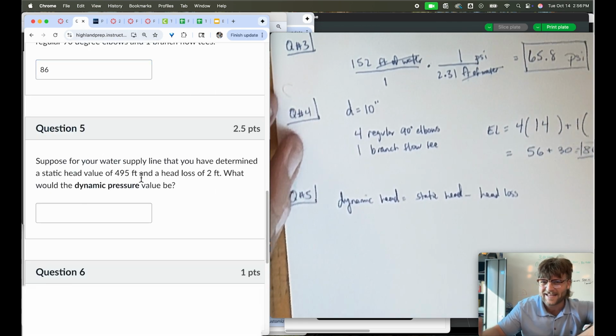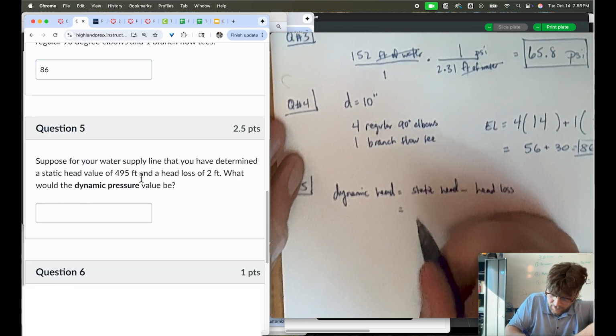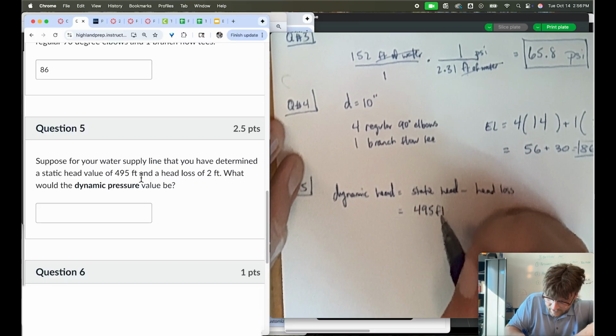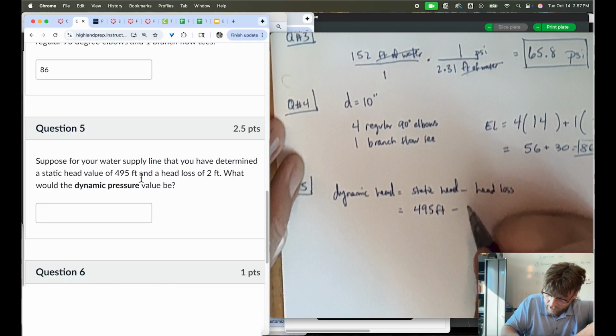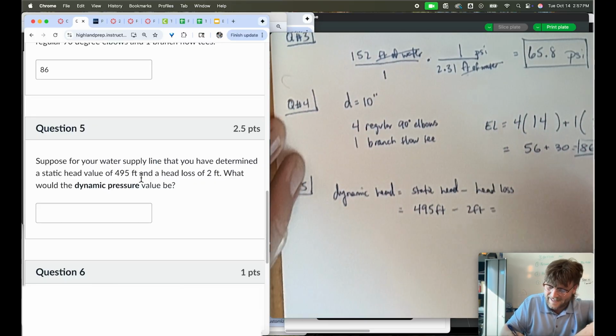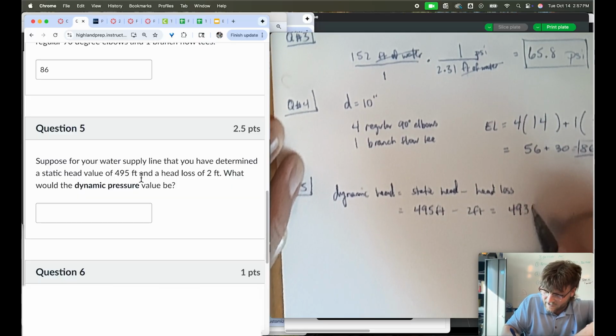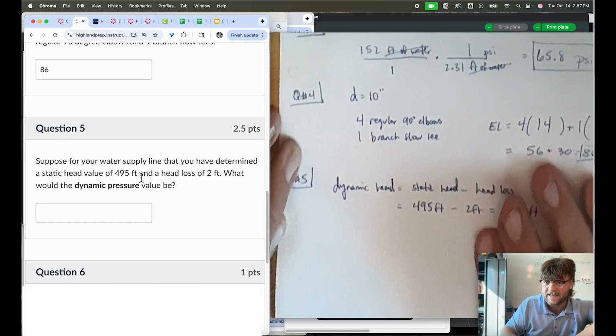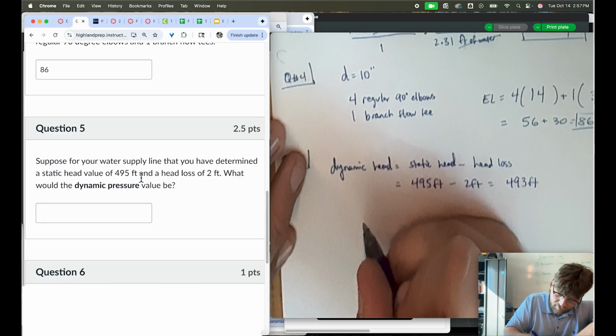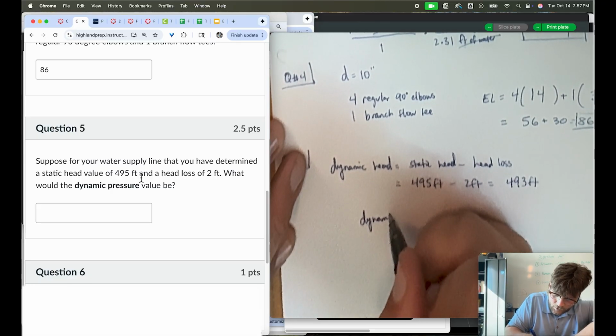So the static head in this case is equal to 495 feet of water. We're going to subtract the head loss, which is 2 feet of water. That's going to end up giving us 493 feet of water. Now remember, that's the dynamic head. For dynamic, or the actual pressure, right?